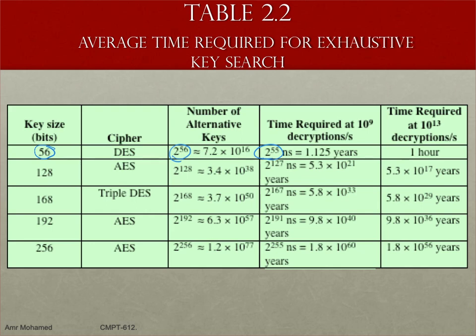Using nowadays devices, we can do this in an hour. Still, somebody might argue that if it takes an hour, we can change the key every hour or less. In that case, this can still be usable.